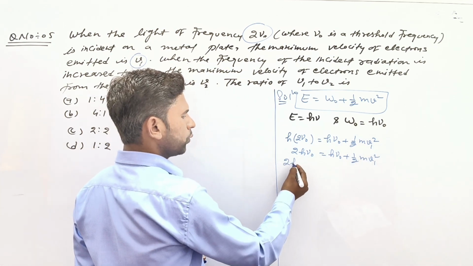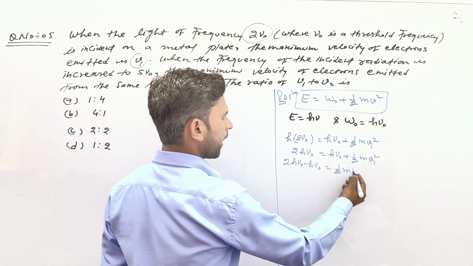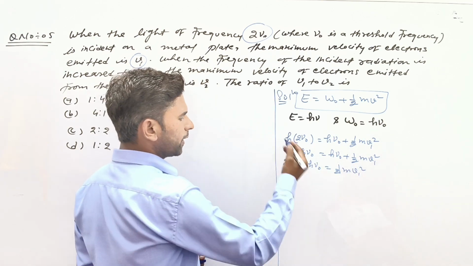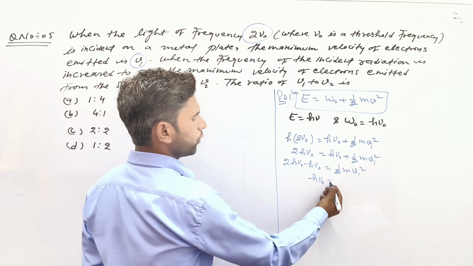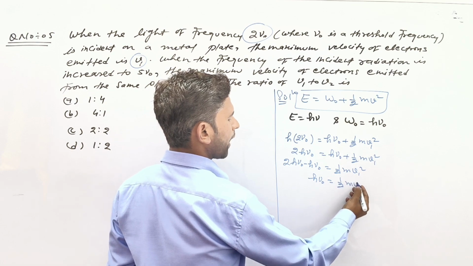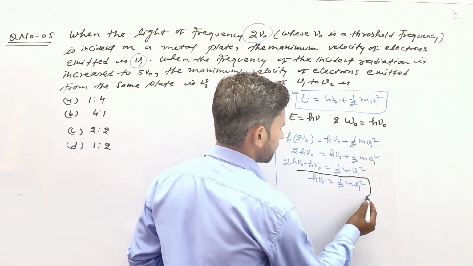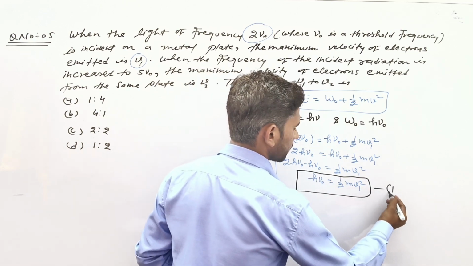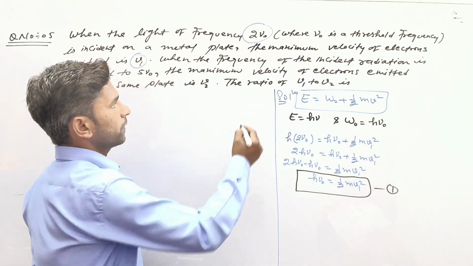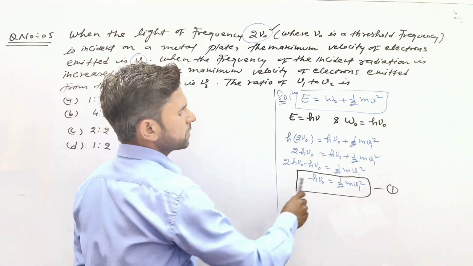So 2h nu naught minus h nu naught is equal to half mv1 square. Finally, h nu naught times (2 minus 1), which is 1, so h nu naught is equal to half mv1 square. So this is the first calculation. Yes or no? When the frequency is 2 nu naught, you get this value.